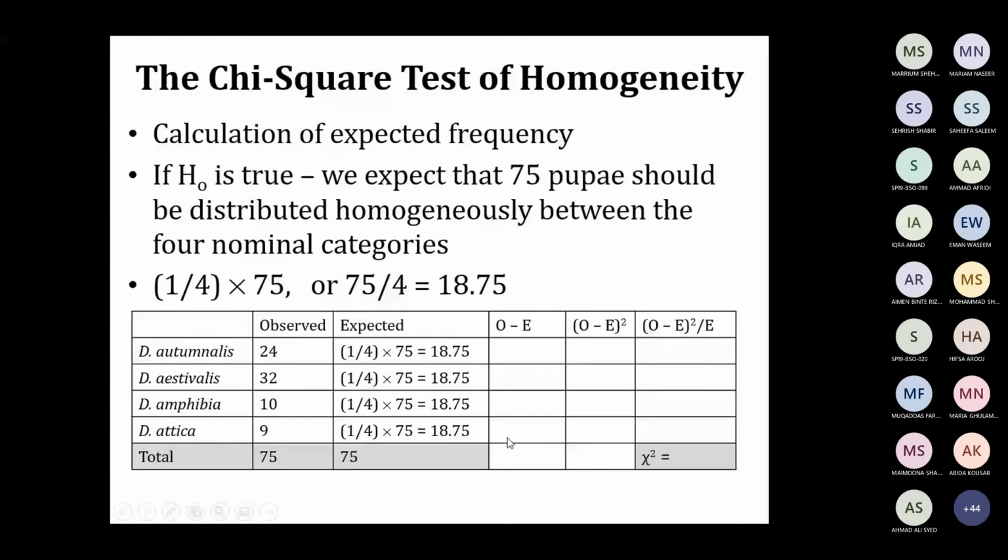Repeat this step for the rest of the 3 classes as well. Then take the sum of this column, and that sum is going to be your test statistic, which is the chi-square value.